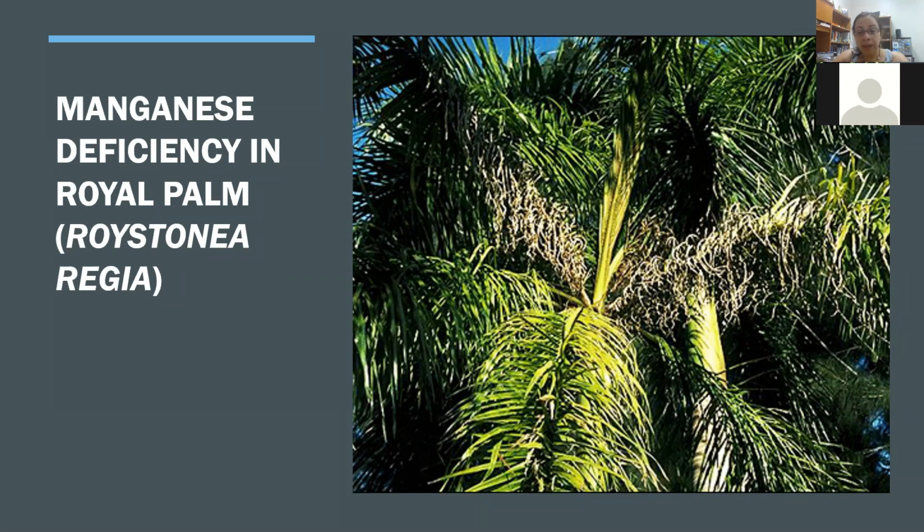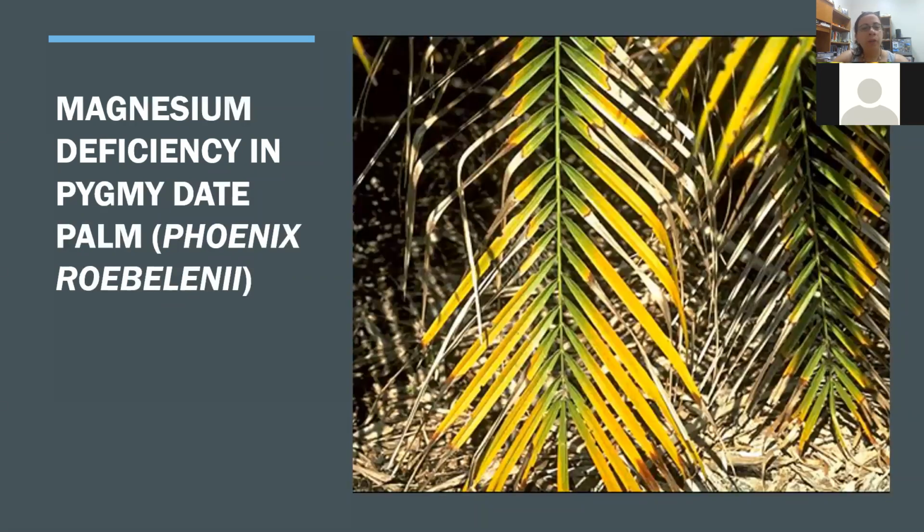So manganese is fun, and then we also have magnesium. With magnesium deficiency, you're going to get a little bit of that yellowing and a little bit of that browning, but you don't have as much of the ribboning effect. Now, potassium, magnesium, and manganese are probably the three largest issues that are generally seen in Florida as far as nutrient deficiencies in palms, but nitrogen can also be an issue.